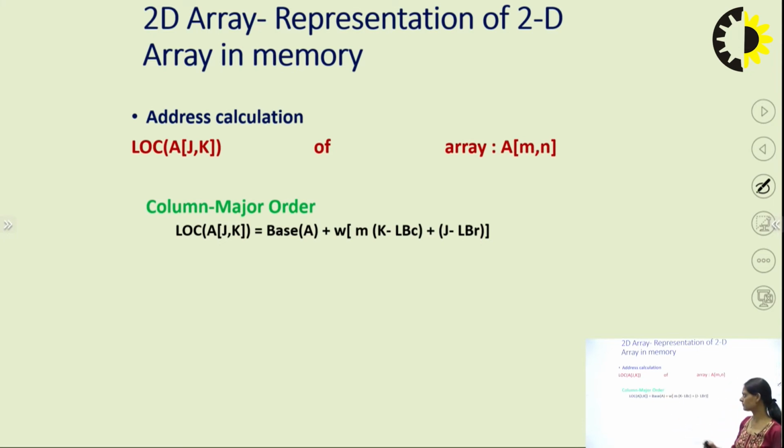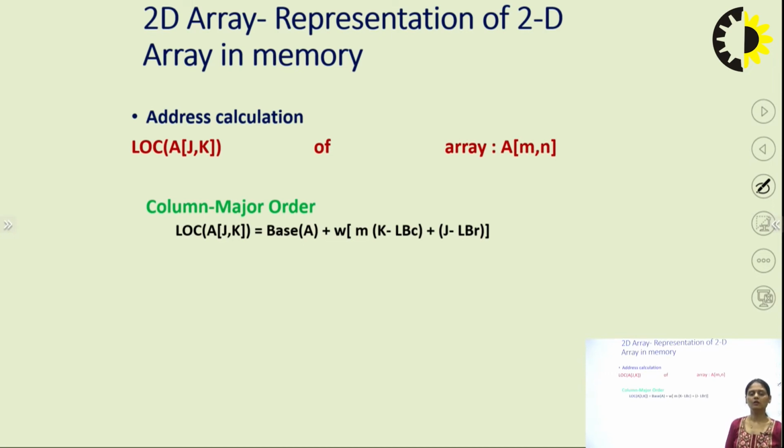The formula is: address equals the base address of the array plus w into m into (k minus lbc) plus (j minus lbr).